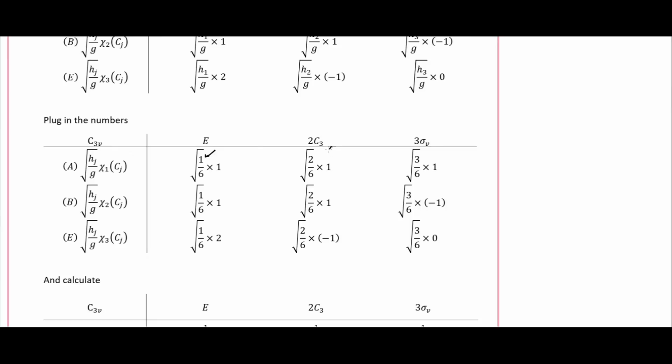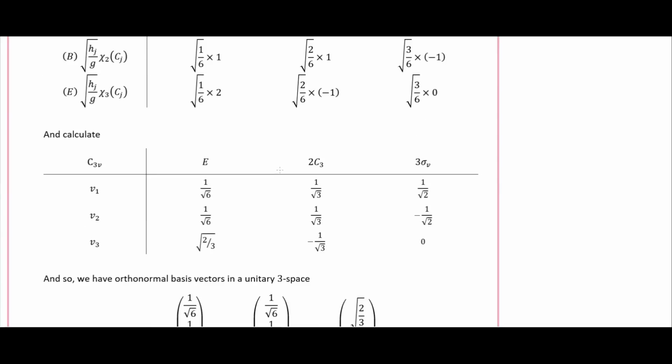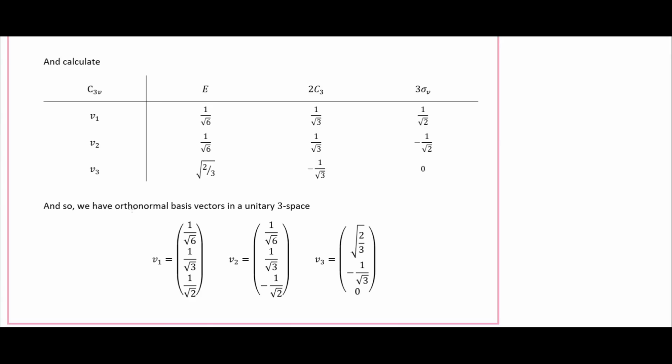There are 2 elements in this class, so these have the 2's there, and 3 elements in this class, so it has the 3's there. And so we just calculate those, and we end up with these. And so we have orthonormal basis vectors in a unitary 3 space that have these components right here. So these 3 vectors form an orthonormal basis in this 3 space, because 3 is the number of classes that we have.